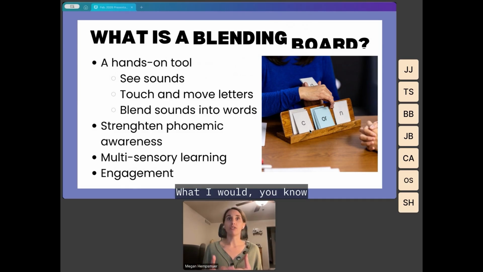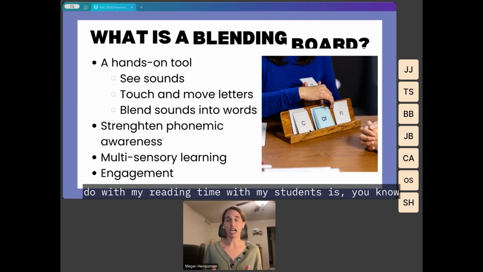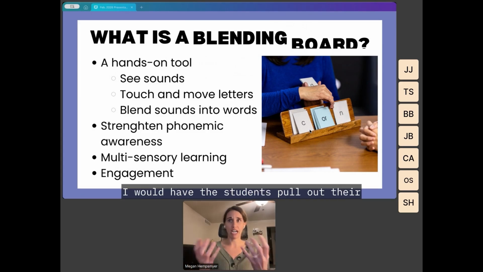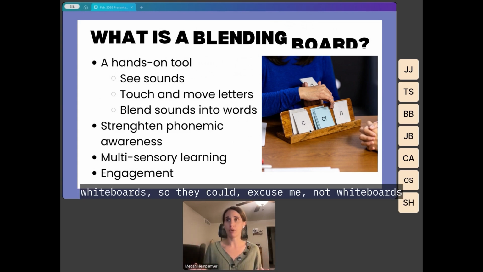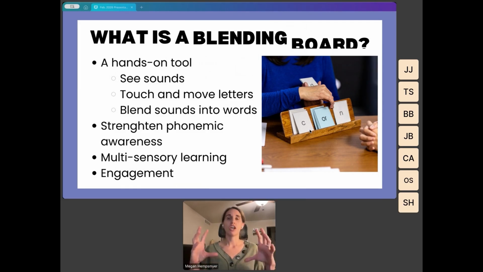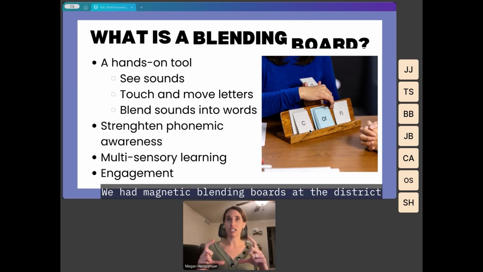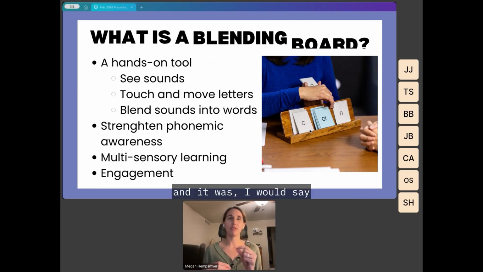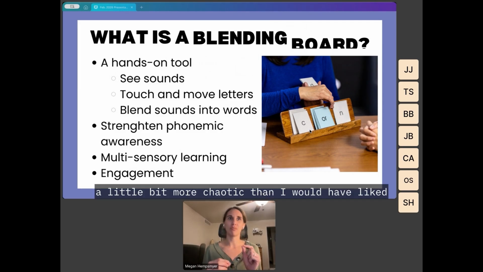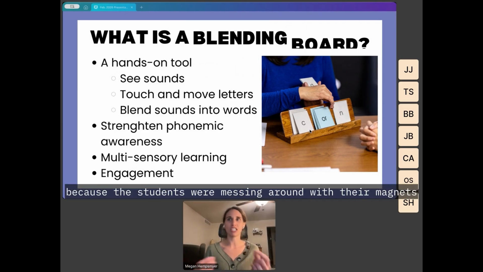So what I would do with my reading time with my students is, we would be working on a phonics skill whole group, and I would have the students pull out their blending boards. We had magnetic blending boards at the district that I was teaching at, and it was, I would say, a little bit more chaotic than I would have liked because the students were messing around with their magnets.